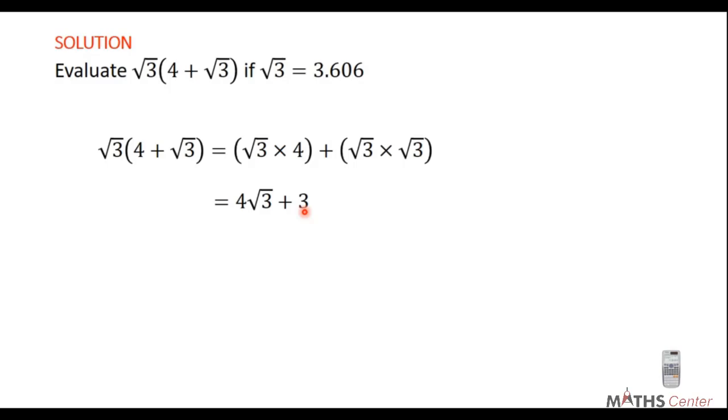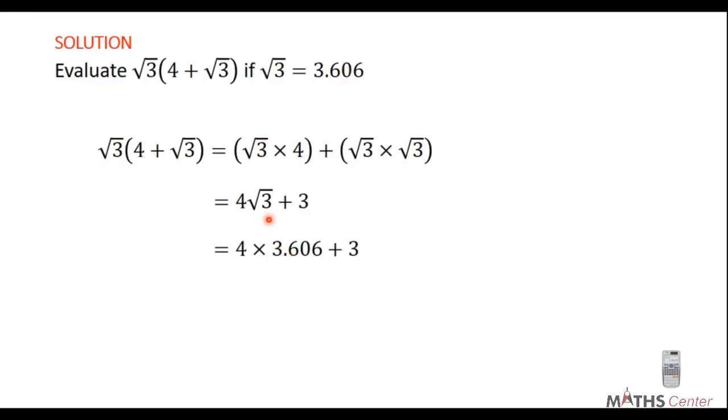From the properties of surds, we know that that will give us 3. So you can see that we have now reduced this to its simplest form. From here, you can now substitute this into it straight away. So we know that square root of 3 here will give us 3.606. That's what the question told us.